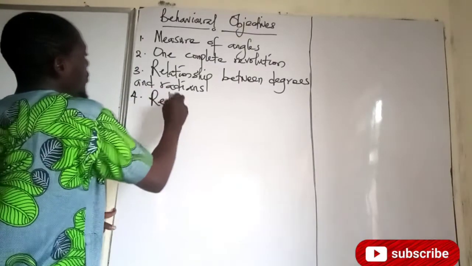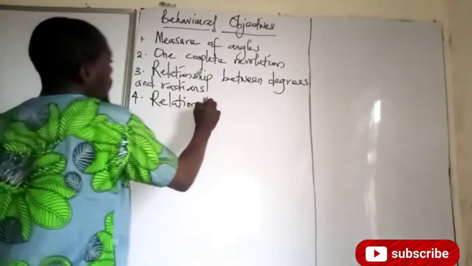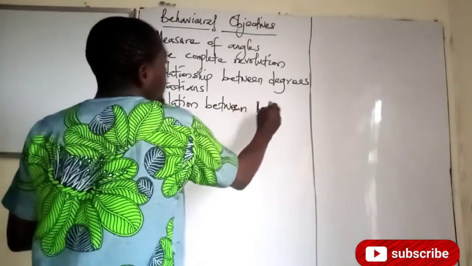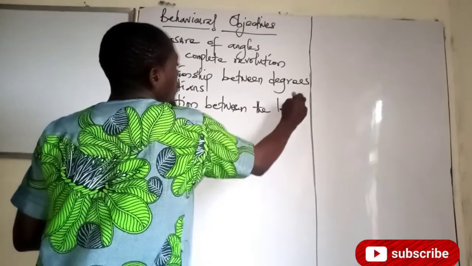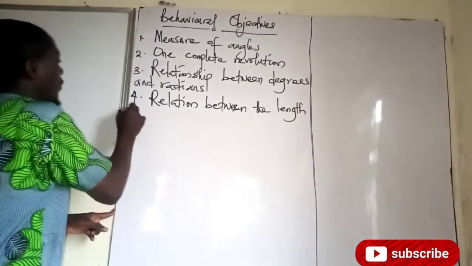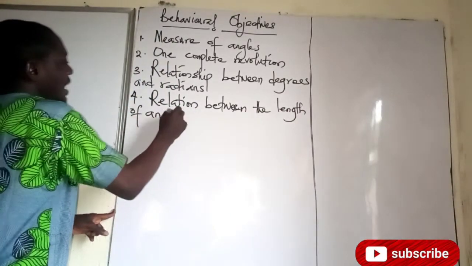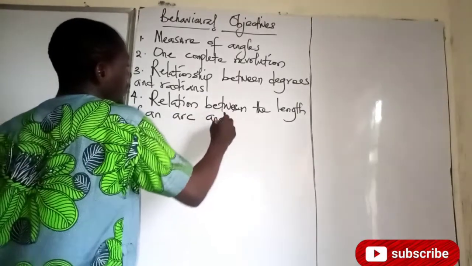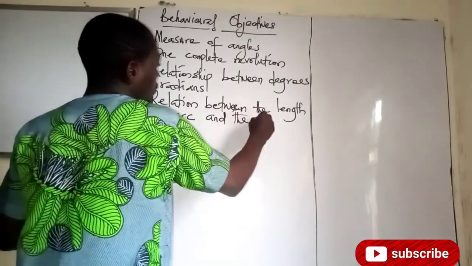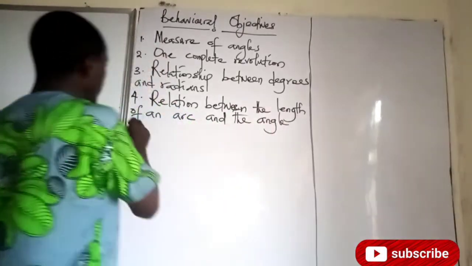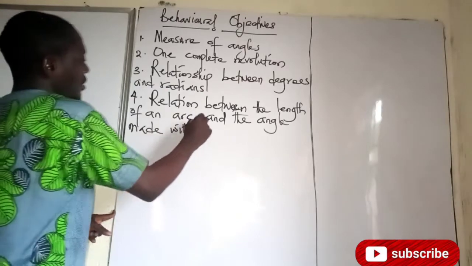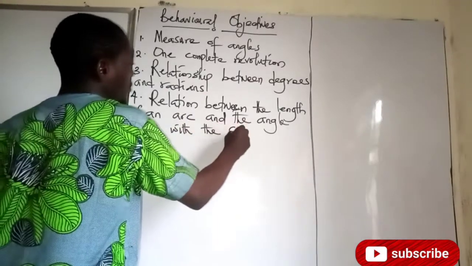Relationship between the length of an arc and the angle made with the center of the circle.